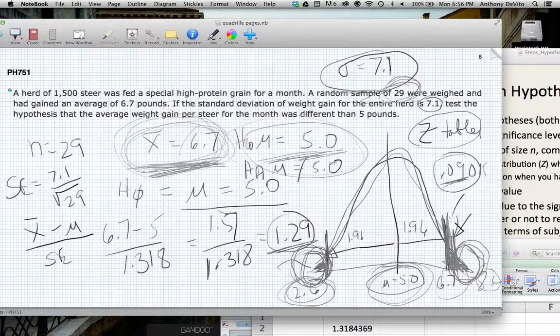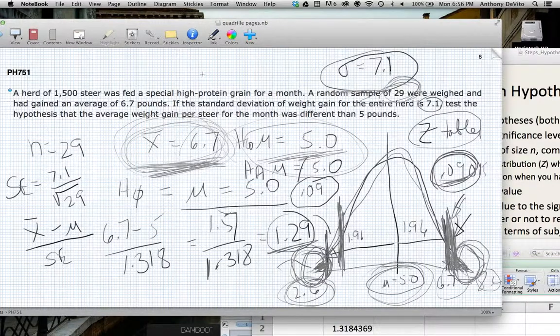So it just so happened that in this case, the sample mean came out greater. But I can't make the assumption that it couldn't have come out lower also. So I have to consider that there was a 9% chance of getting a value that's that different than the mean, or there could have been a 9% chance that I could have gotten a value that much less than the mean as well.